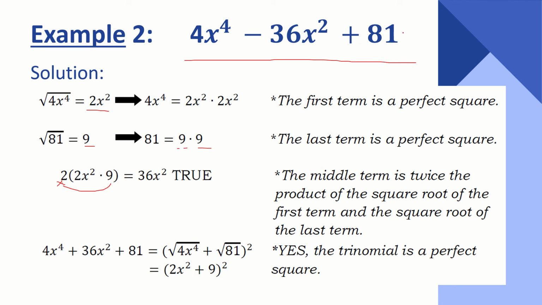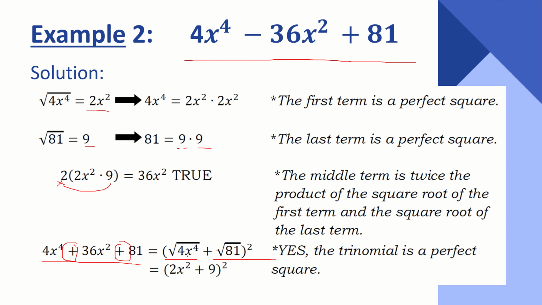Now, to factor a perfect square trinomial, for example, we have here 4x to the power of 4 plus 36x squared plus 81. Since we are using positive here, and positive here, first, to get the factor, we just take the square root of the first term and the last term.